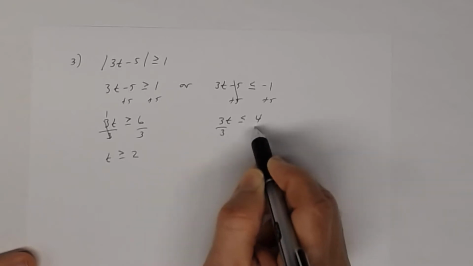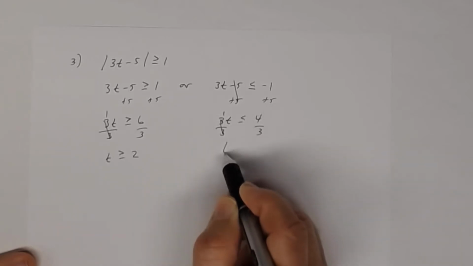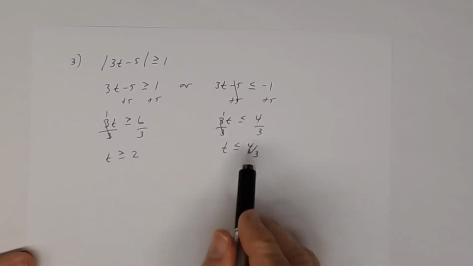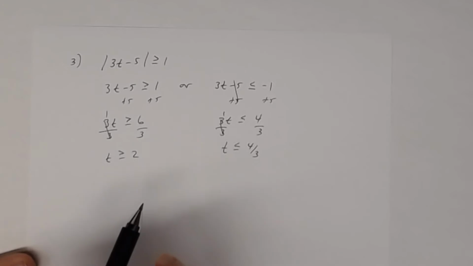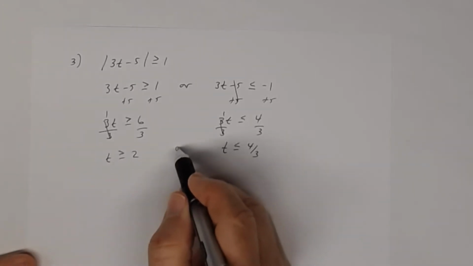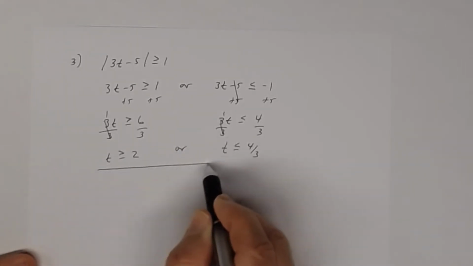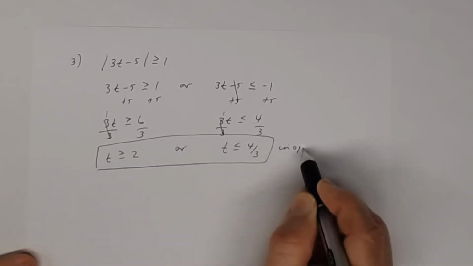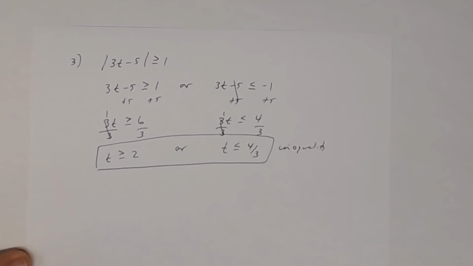Divide both sides by 3. I get t is less than or equal to 4/3. So any number less than or equal to 4/3 is a solution to this inequality as well. So in terms of inequality notation, this would be your solution, written as an inequality. In terms of a graph, this is what it's going to look like.